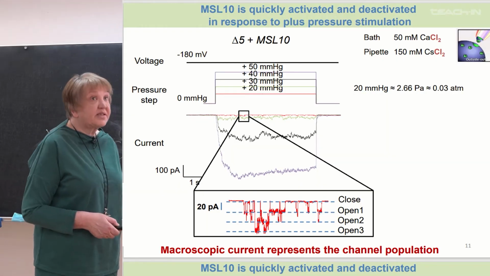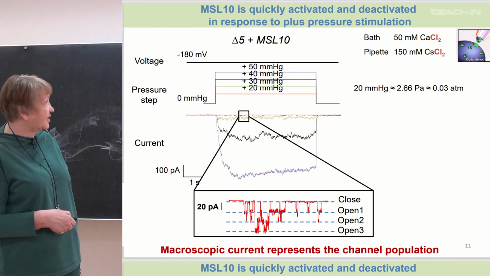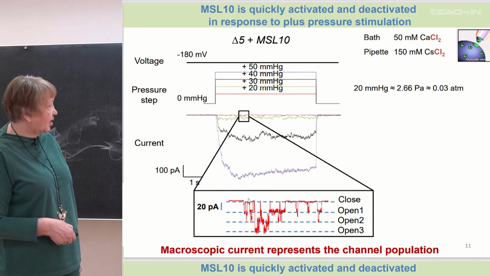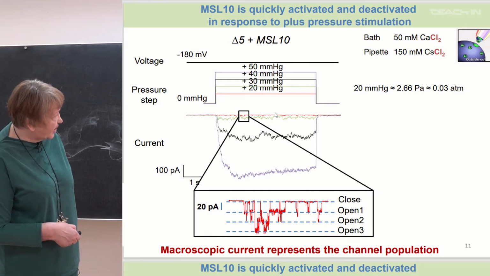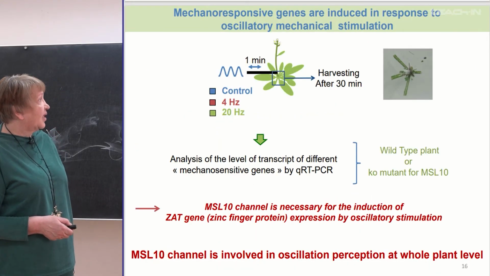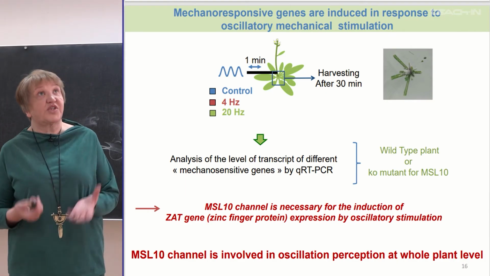So MSLs are quickly activated by mechanical stress, in particular MSL10, which is located in the plasma membrane. This is single channel, and this is the whole cell recording. So what is their role?